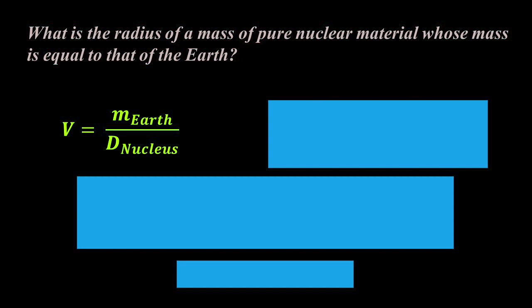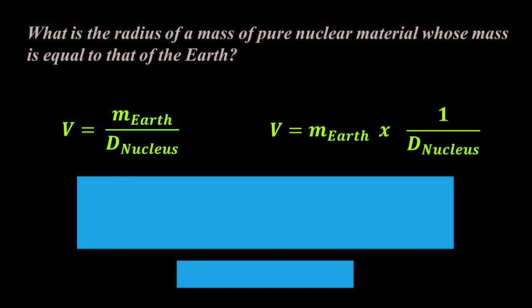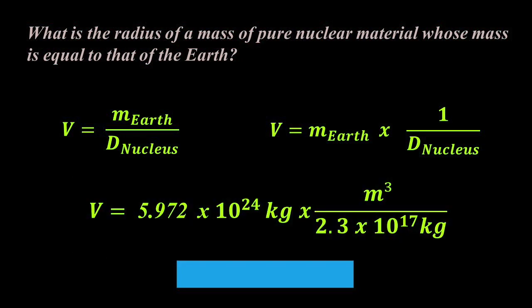So it would be, very simply, the mass of the Earth, as we know it, divided by the density of the nucleus, or the density of nuclear material. So now, the mass of the Earth divided by the density of nuclear material is actually the mass of the Earth times the reciprocal of the density, and we plug in, we see that the kilograms cancel, and you're left with a volume in cubic meters.